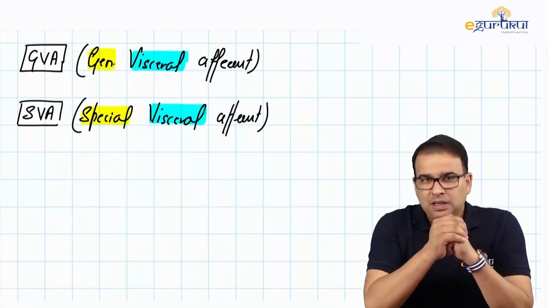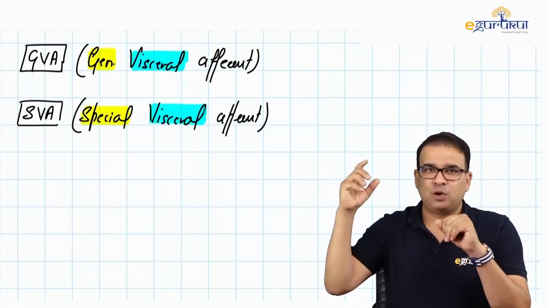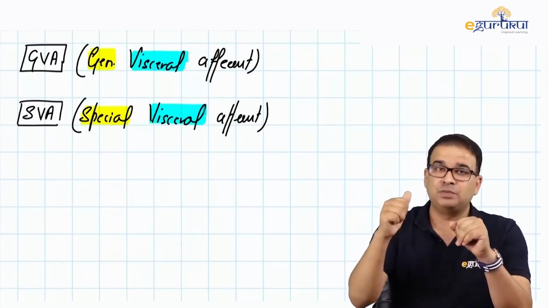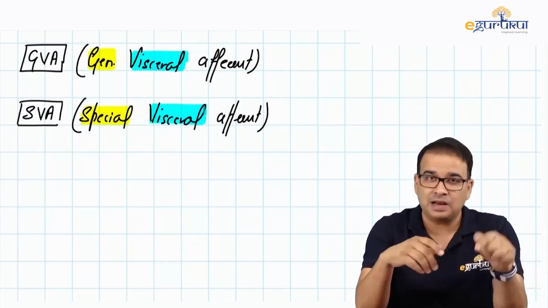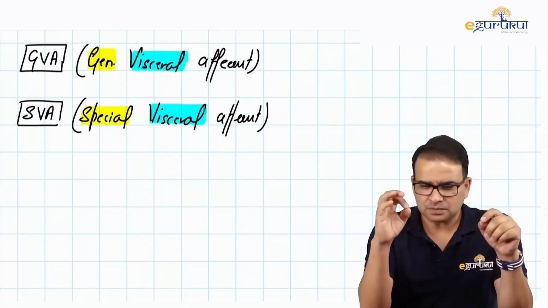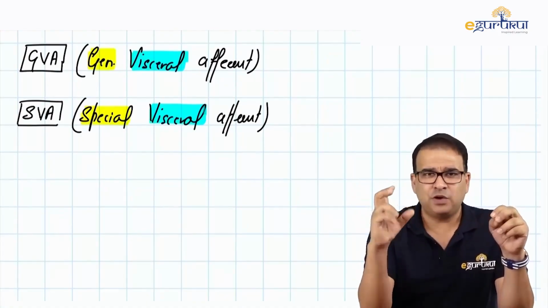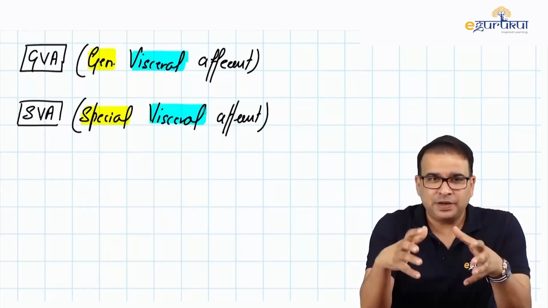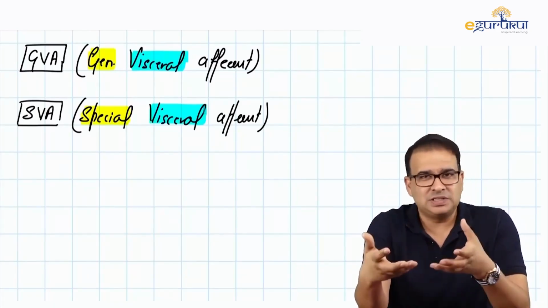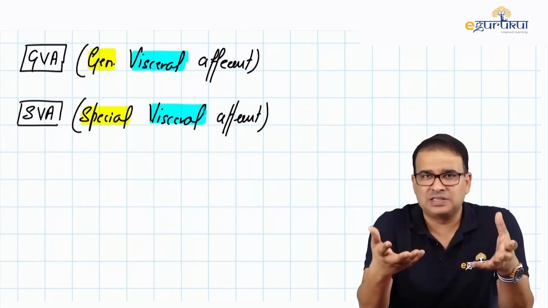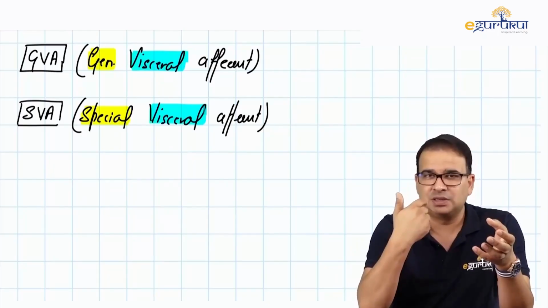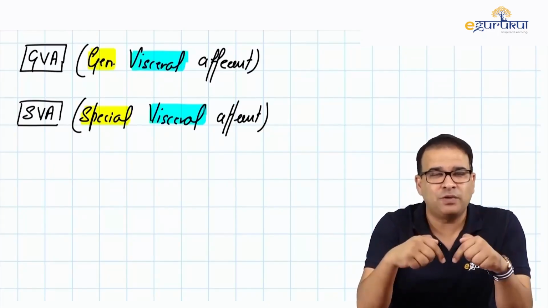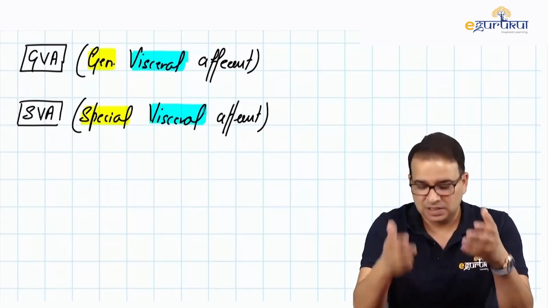So when I say general visceral afferent, that means the general type of sensation coming from the viscera. And when I say special visceral afferent, it is the special type of sensation, but again coming from where? Viscera. Let's take one basic example. If you're having a cup of coffee, the temperature of the coffee is a general sensation. Pain, temperature, all these are general sensations. So the temperature of the coffee felt on your tongue is a general sensation, but the taste of the same coffee is a special sensation.